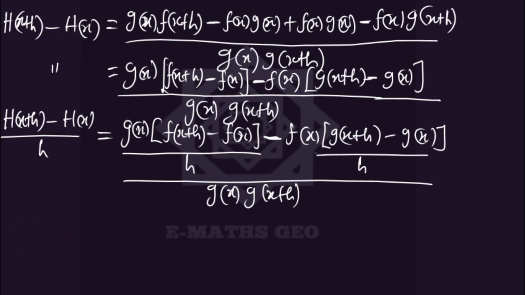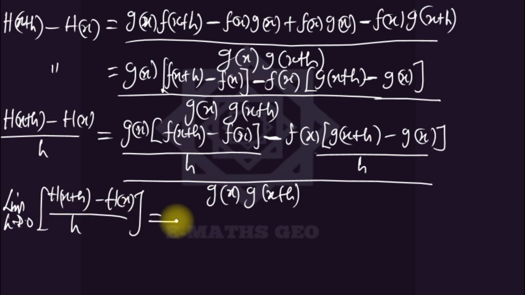So the next step is to get the limit. So we have the limit of h tends to 0 of the left hand side, that's introducing limit to both sides. So this is the same as the limit. Remember, the limit of addition, subtraction, product, division, you need to get the limit individually.